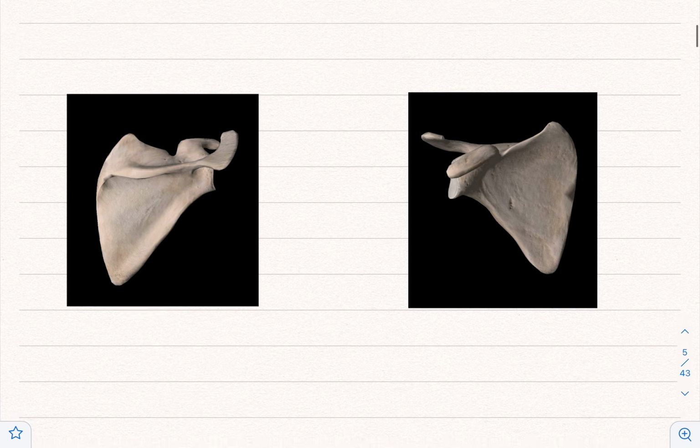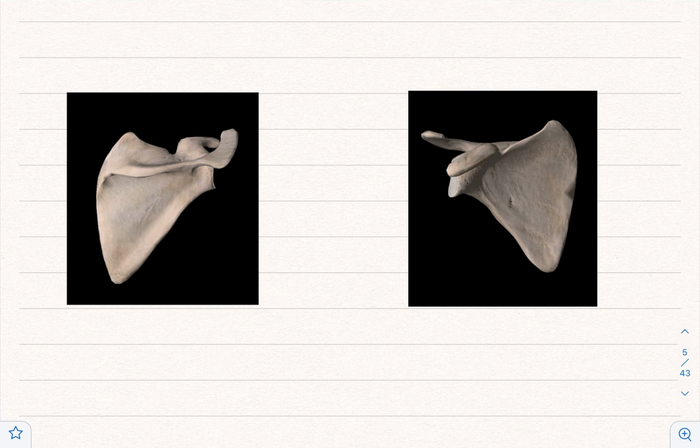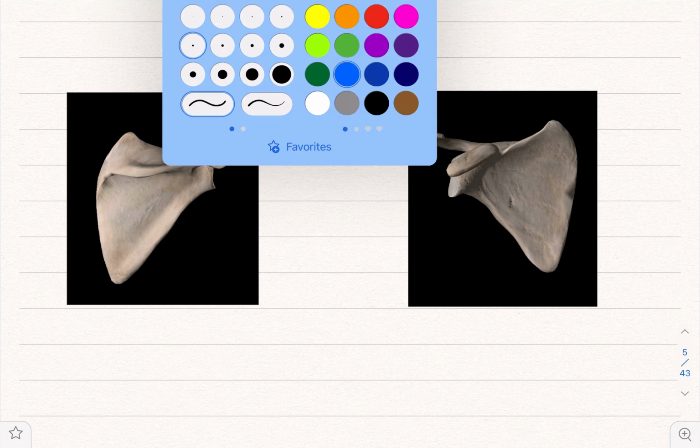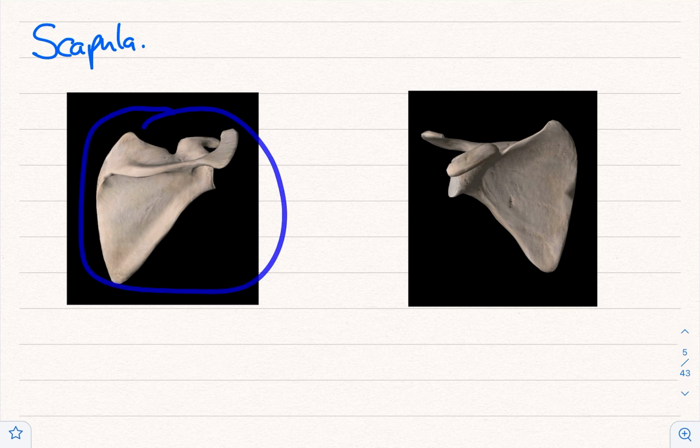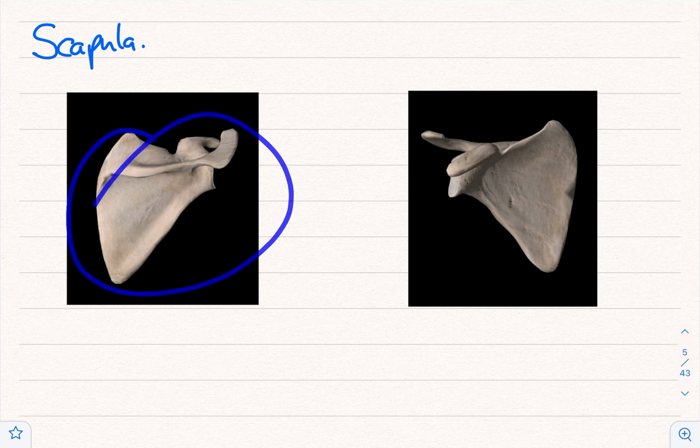Let's go on to looking at it in slightly more detail, slightly bigger as well. Okay, so what this is called, let's go with blue. This is the scapula. So this view versus this view, the difference is this one, think of it as looking at someone's back, and you're looking through their skin and seeing their scapula.